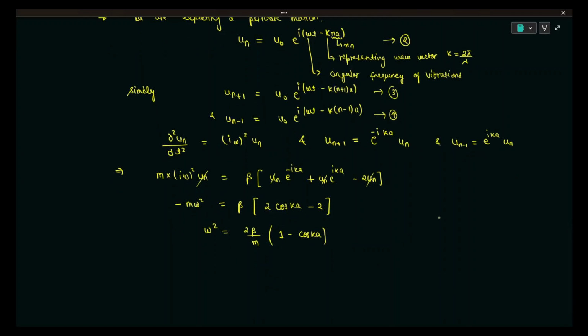Now as you know that cos 2 theta is equal to 1 minus 2 sine square theta, so therefore cos ka you can write as 1 minus 2 sine square of ka divided by 2.